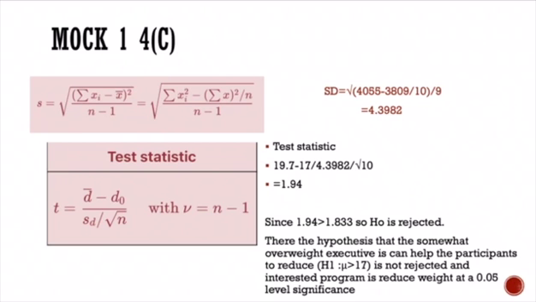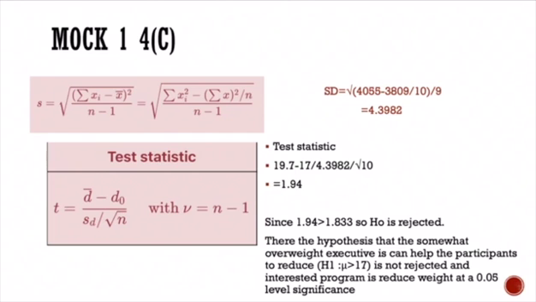The result is 4.3982, and then we need to calculate the test statistic. So we put all the data together, and finally we got 1.94. So since 1.94 is larger than 1.833, H0 is rejected.